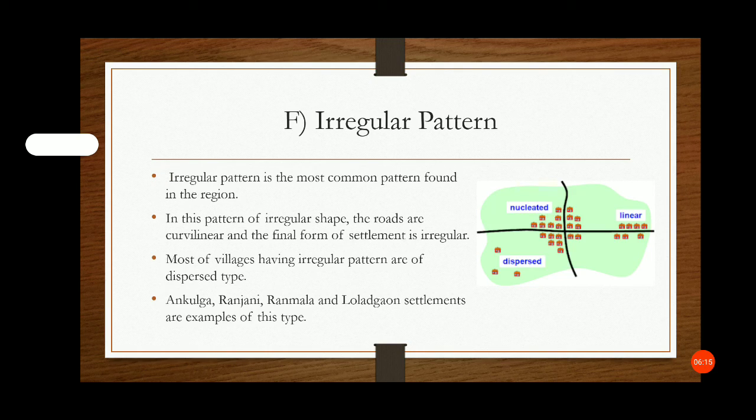Irregular pattern is the most common pattern found in the region. In this irregular pattern, the roads are curvilinear and the final form of the settlement is irregular. Most villages with an irregular pattern are of the dispersed type.